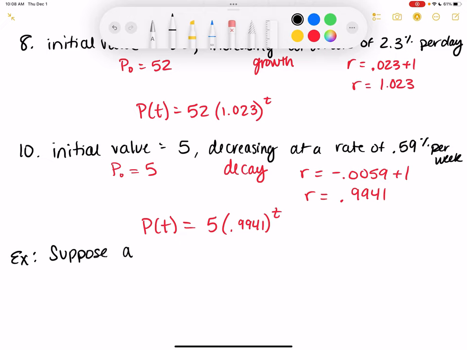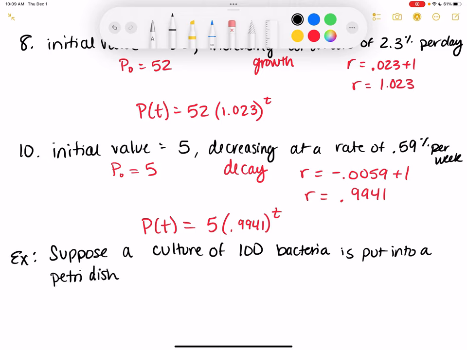Hint, hint. Suppose a culture of 100 bacteria is put into a petri dish, and the culture doubles every hour.